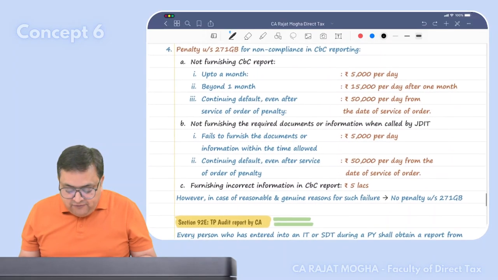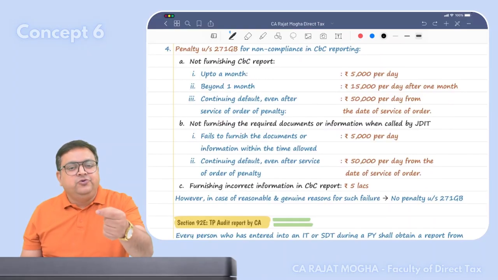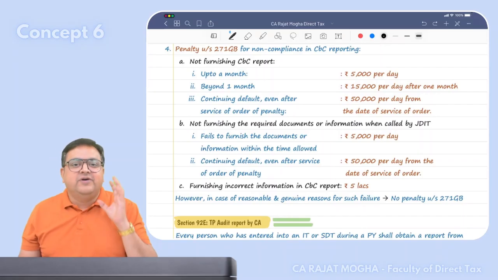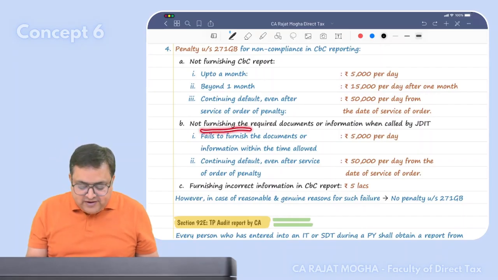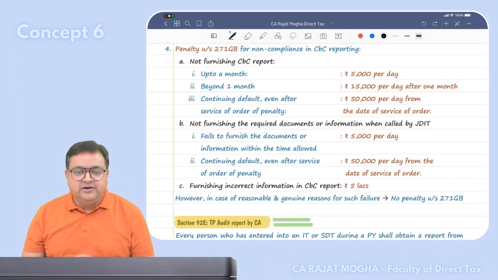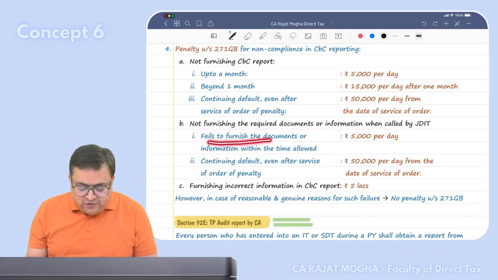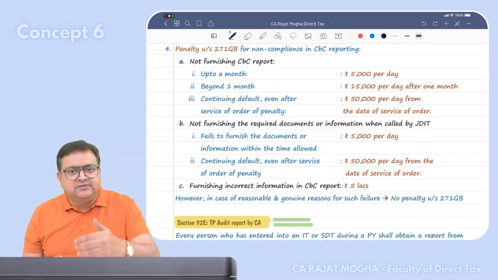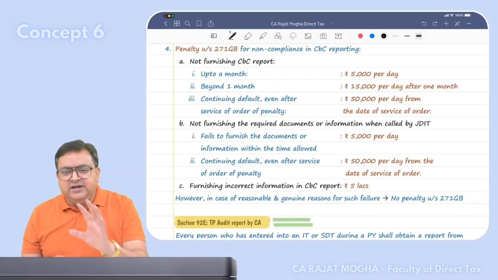Then, if the joint director has asked you to furnish the information, why? Because he needs to check the accuracy, and you are not furnishing that information. Not furnishing the required documents or information when called by the joint director of income tax. You fail to furnish the documents or the information within the time allowed. So how much time will they give you? 30 days, which can be further extended by 30 days. If you submit within time, then good enough.